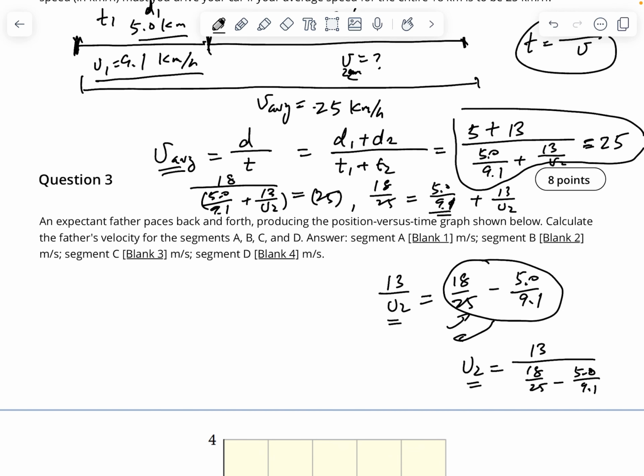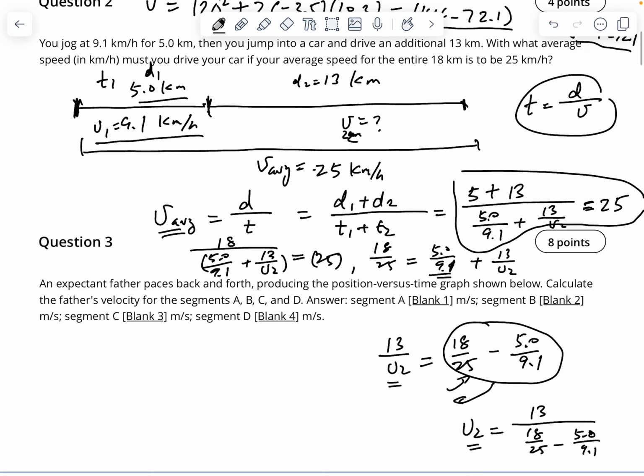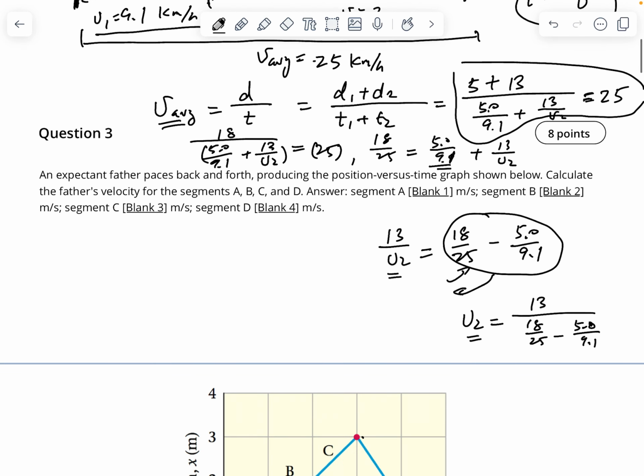That is your average speed for the second trip. So this is trip 1, trip 2.